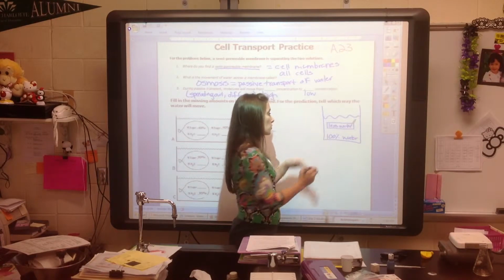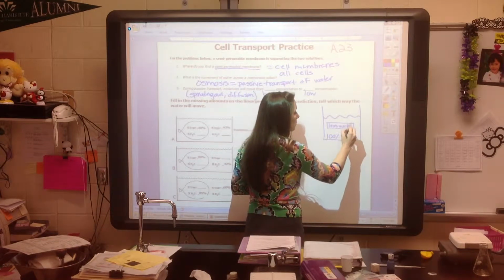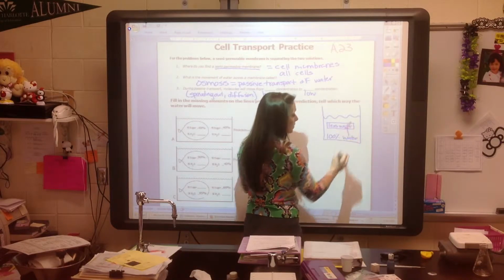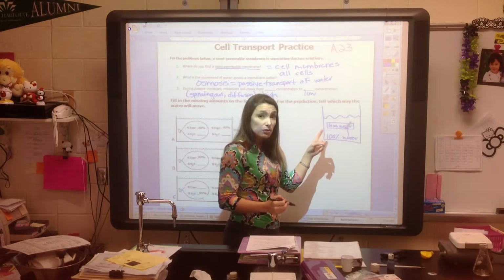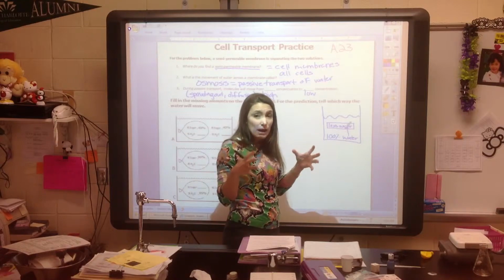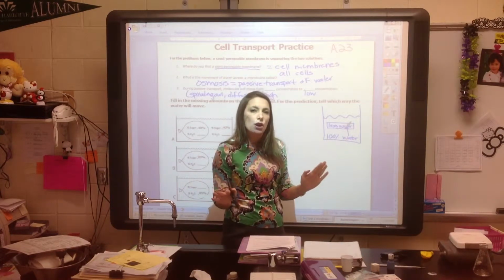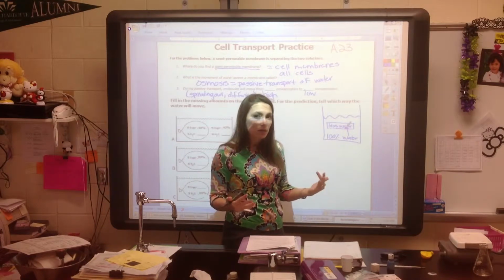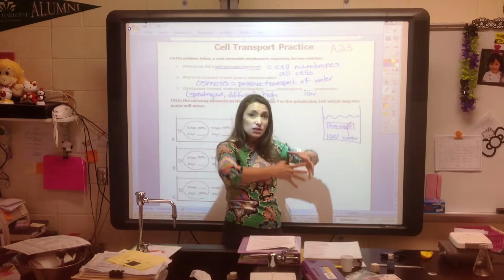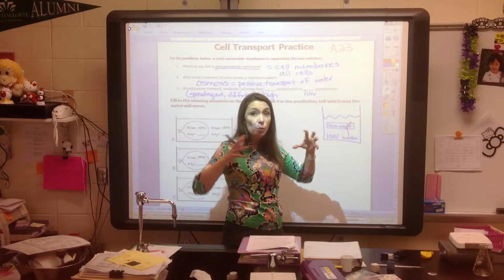And so because water was high, it moved from high to low, and your piece of potato in the 100% water should have gained weight. Now that piece of potato didn't grow. We don't want to use the word grow because that means to add more cells. It doesn't grow, it just gains water or swells.